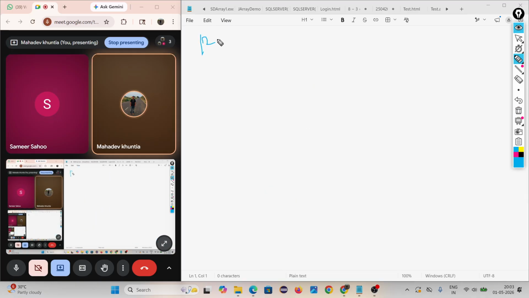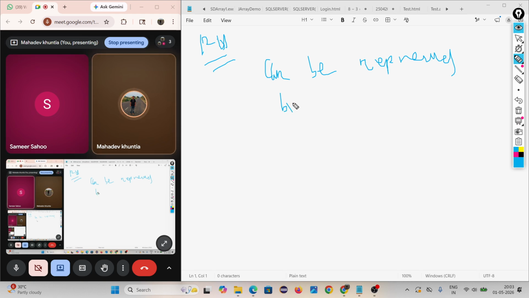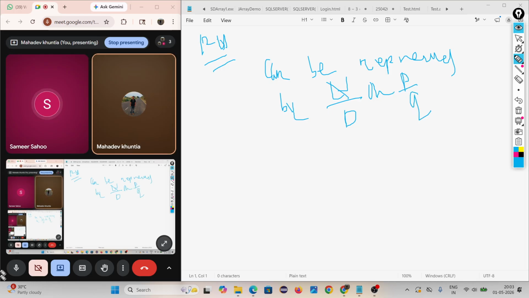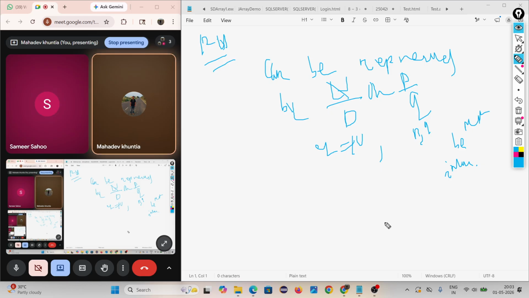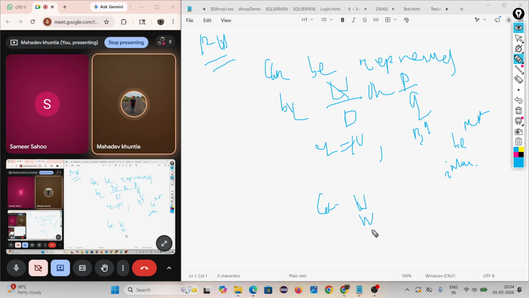Then come to rational numbers. A rational number means any number that can be represented by numerator upon denominator, or p upon q, where q is not equal to 0, and p and q must be integers.